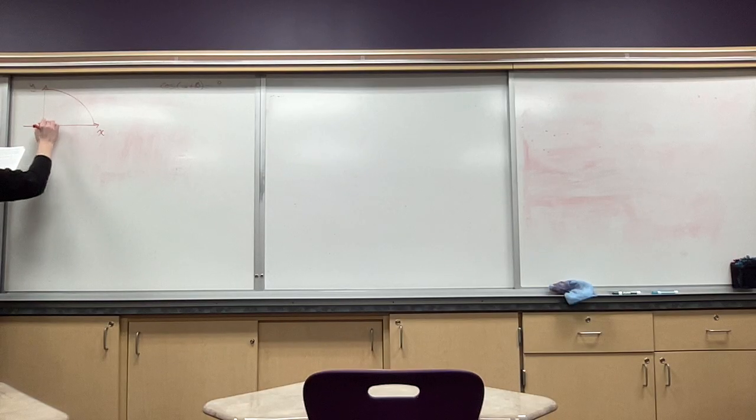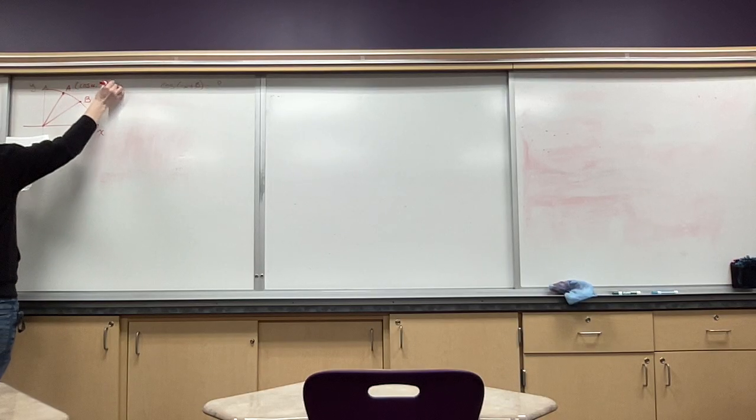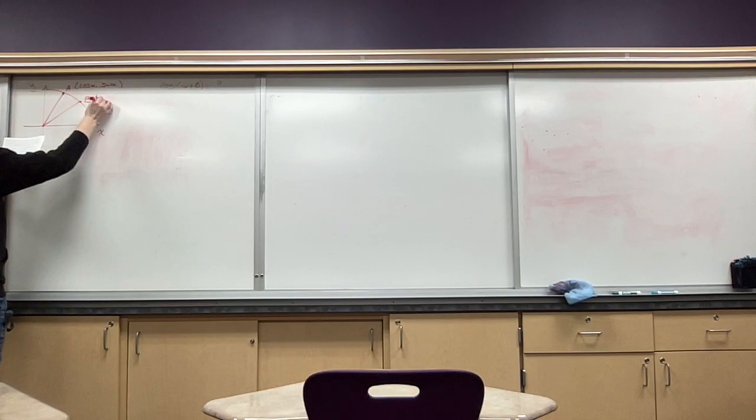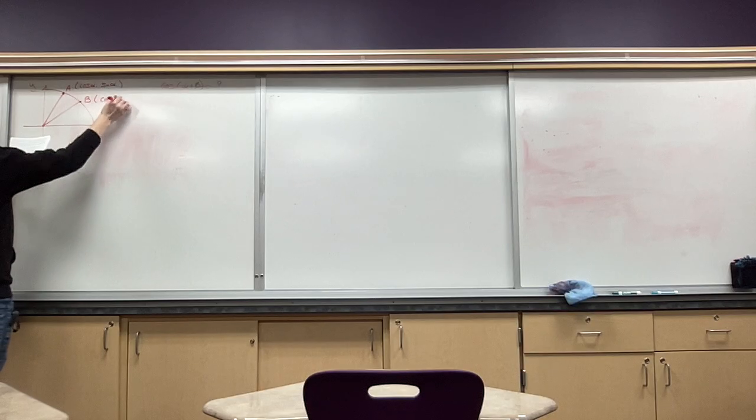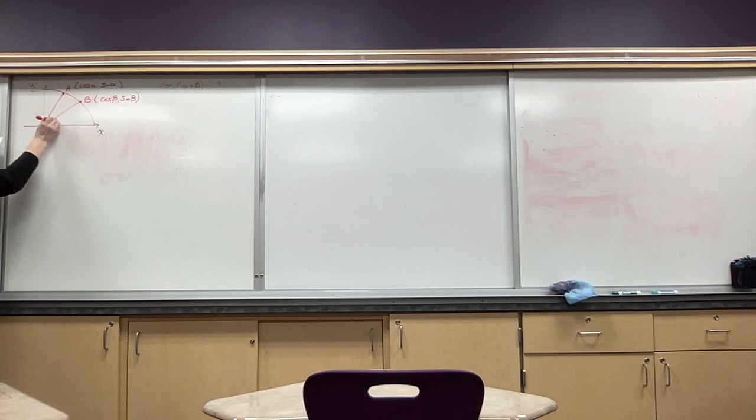So let's say we draw these two angles here. We're on a unit circle again. From here to here, this is beta, and then from here all the way to where A is, that's alpha.